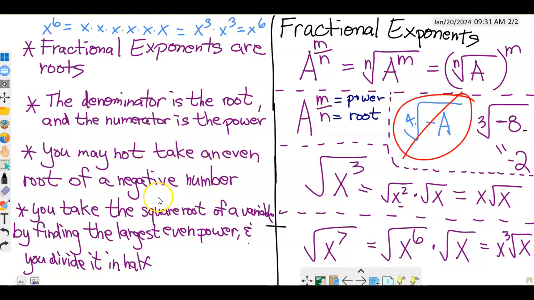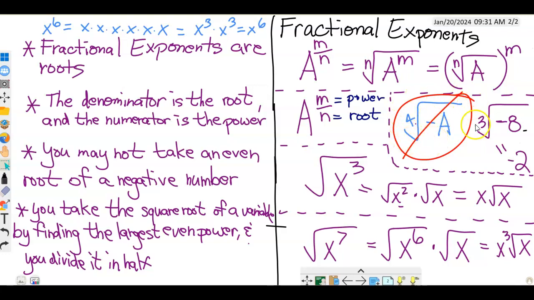Next, you may not take an even root of a negative number. Okay? So let's look at these two pictures that illustrate this point. Here I'm taking the fourth root of this a, but you can see that it's a negative a.